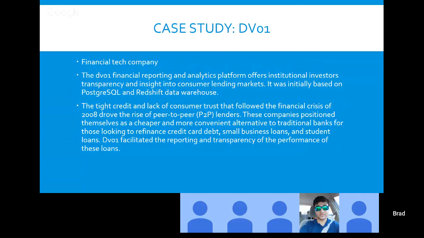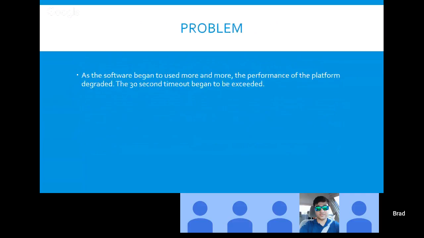As a result, the demand for their product, their reporting solution, grew exponentially. They found that they were suffering from performance issues in which it would take sometimes up to 30 seconds to complete certain queries. They brought in some specialists. Their database was currently designed on a Postgres environment. Well, it's kind of a hybrid environment between Postgres and Amazon.